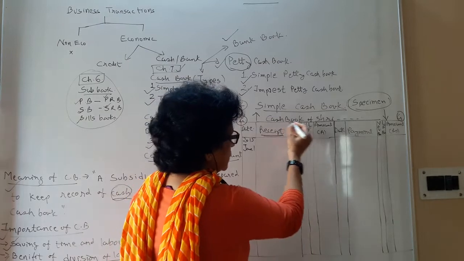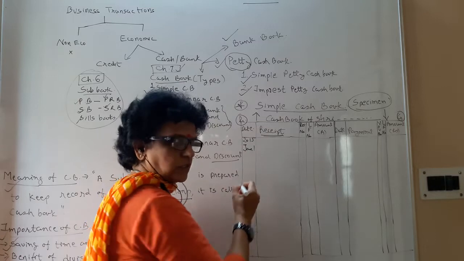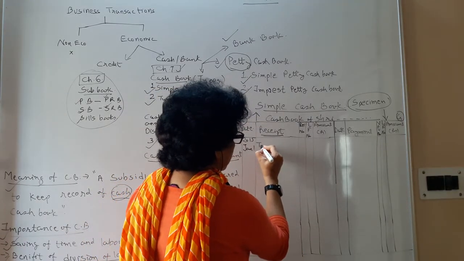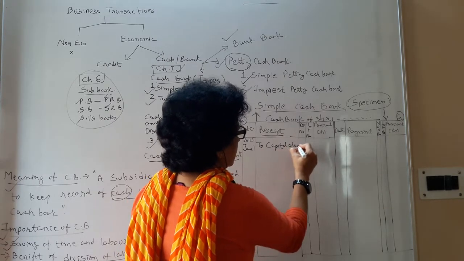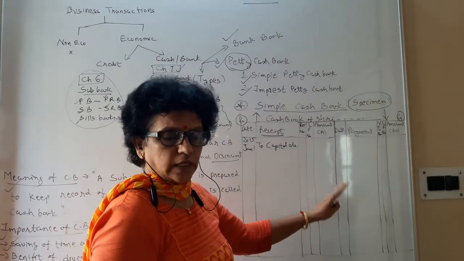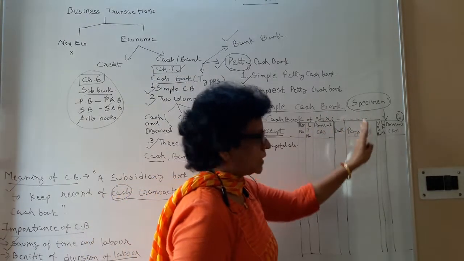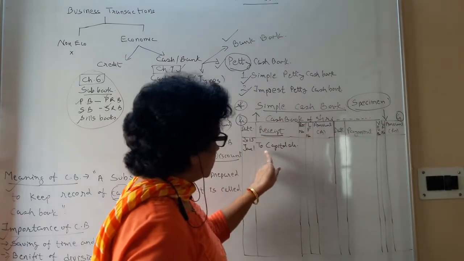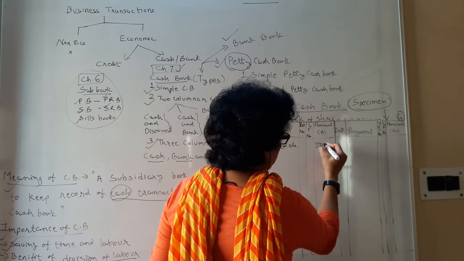In the cash book of the trader, the very first transaction you record is that the owner brings the capital, so you write to capital account. Cash book is based on the ledger account. It is one kind of account, so we record in the T-form presentation with the debit side and credit side. So you have: to capital account, rupees 50,000.